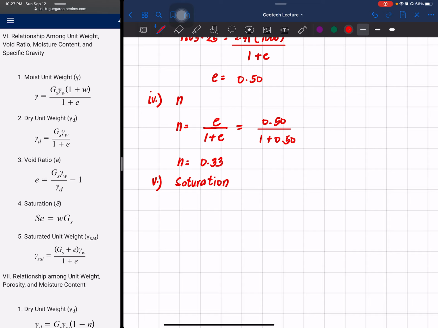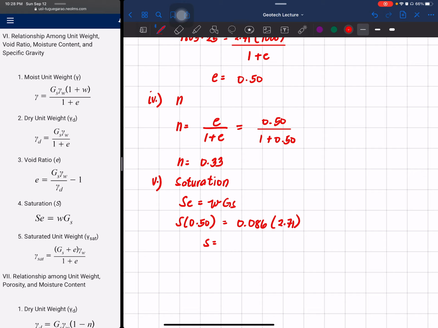Formula number 4 is SE is equal to water content multiplied by the specific gravity, because we are already given the void ratio, the water content, and the specific gravity. So S multiplied by 0.50 is equal to 0.086, which is the moisture content, multiplied by 2.71, which is your specific gravity.